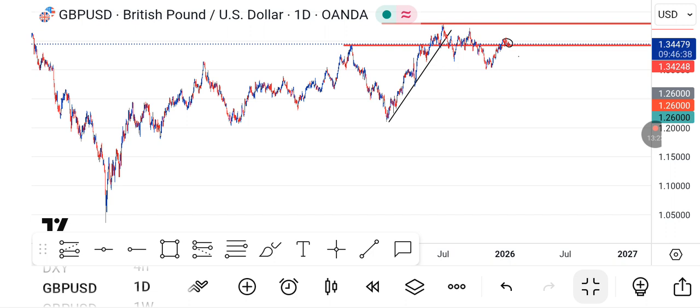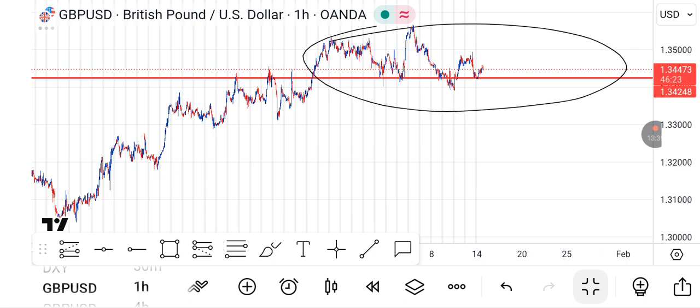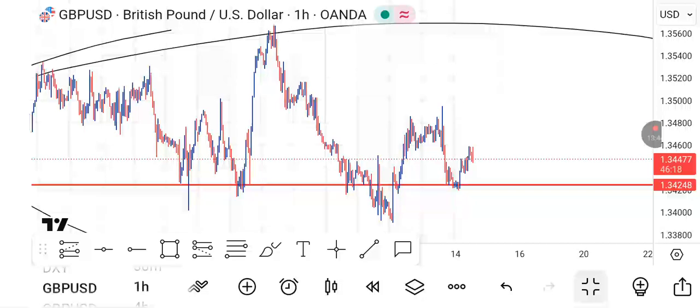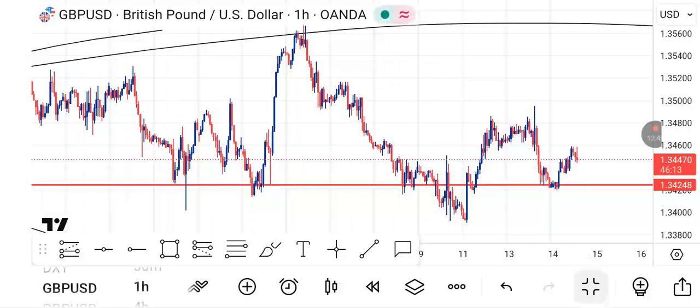You cannot just open the chart and go straight to a lower time frame like 15 minutes or 1 hour and start looking for how to engage the market, how to buy and sell, without really knowing where the market is going. When you know where the market is going, you can follow that pattern and analyze the market in that direction.